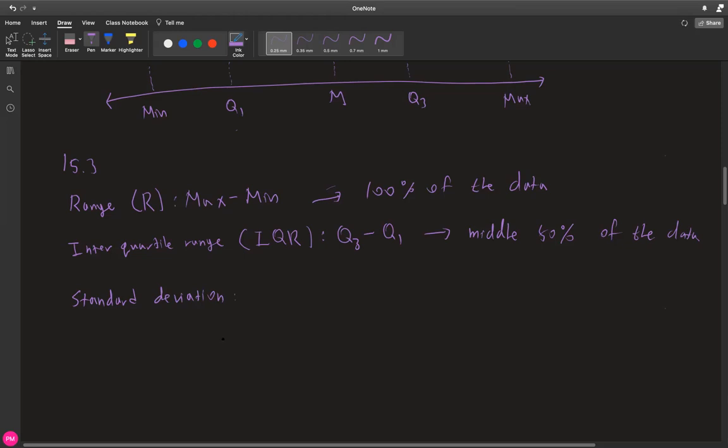It's basically standardizing the deviation, and it's a measure of how scattered the data is.